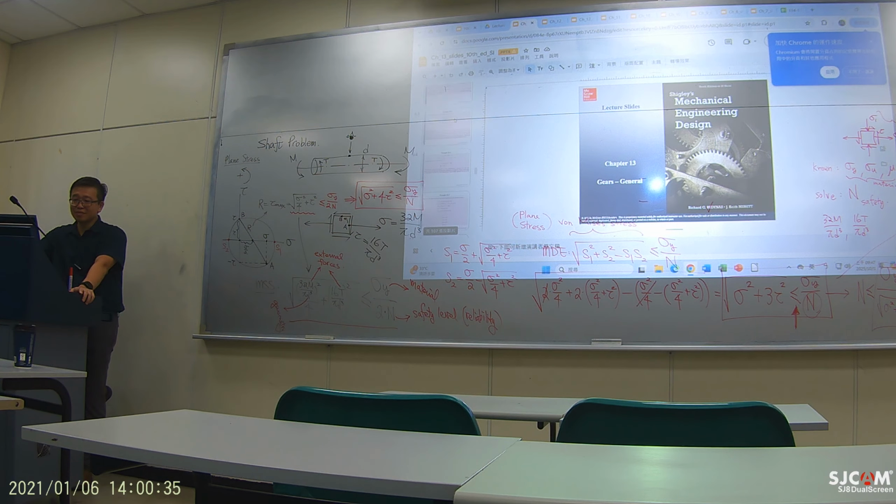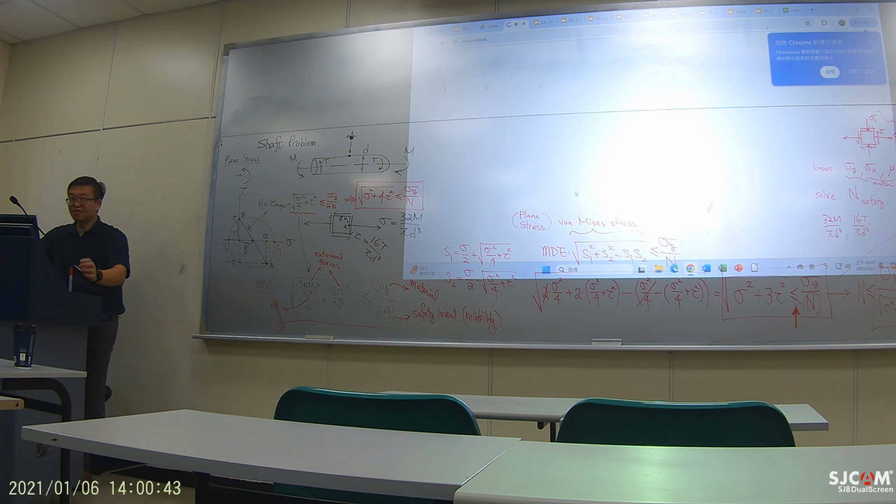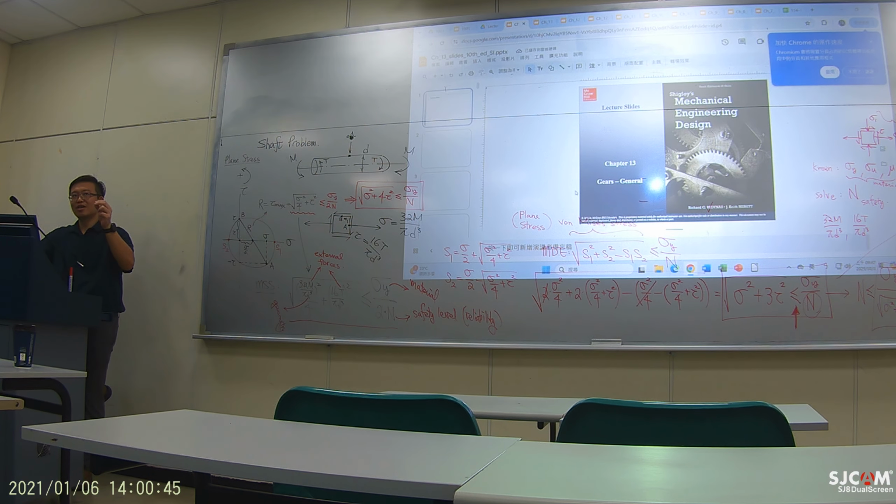And I'm going to show you how you design for gear, but not the selection of parameters. In this course, we care about the stress distribution inside the gear after you already pick proper parameters for the gear.